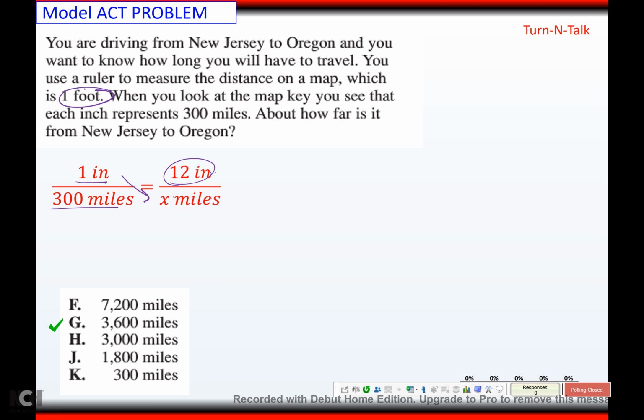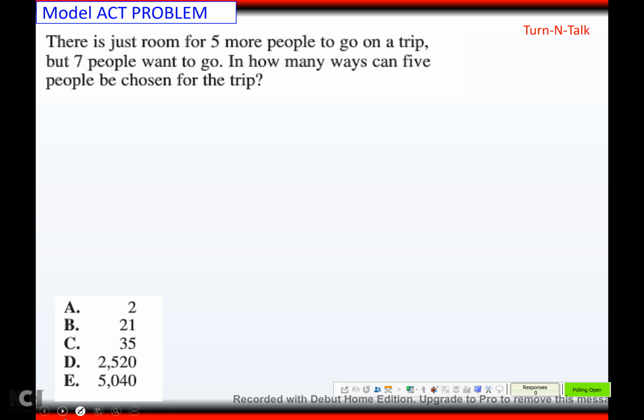So I cross multiply: 1 times x is 1x equals 300 times 12, which is 3,600. And that's how many miles it's going to be. Miles is what I was looking for. Try this one. Hit pause. Come back when you're ready.